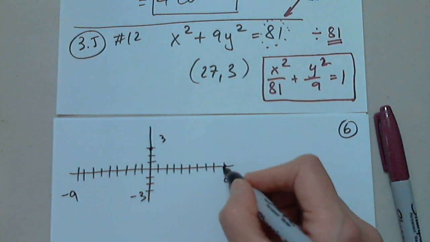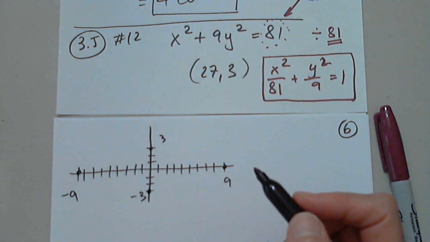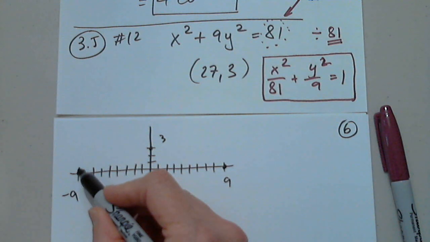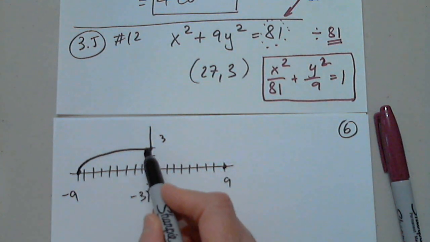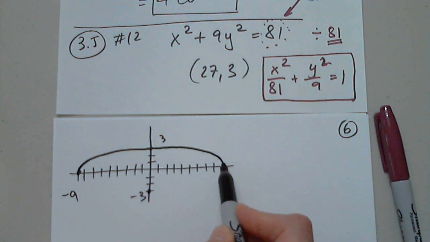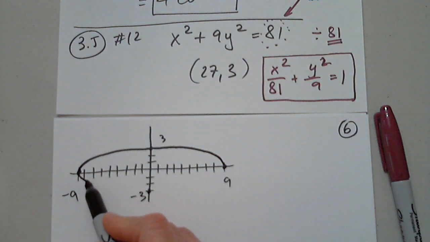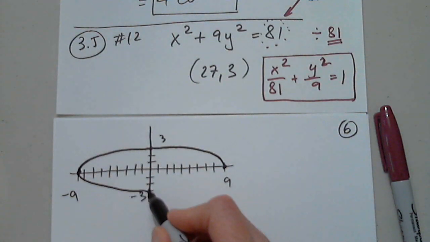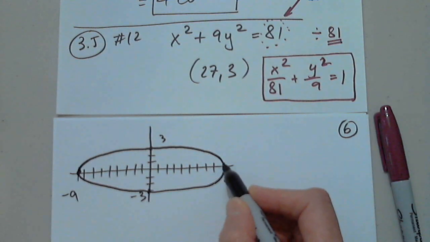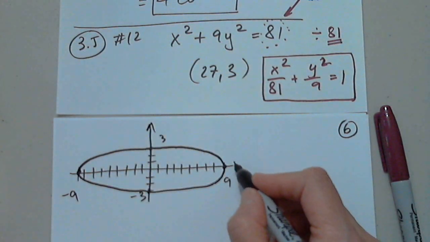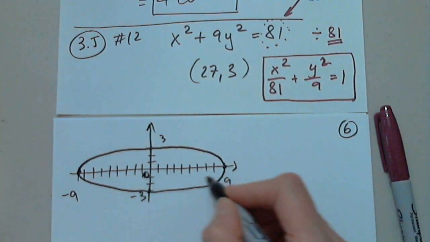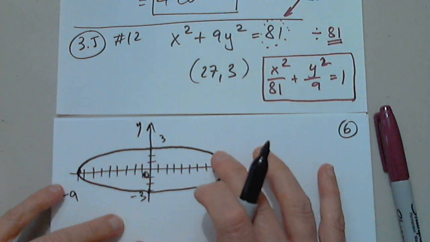So the ellipse passes through these points. I'm going to try to graph a good ellipse. Let's see if I can. Oh, good. So this is our ellipse.